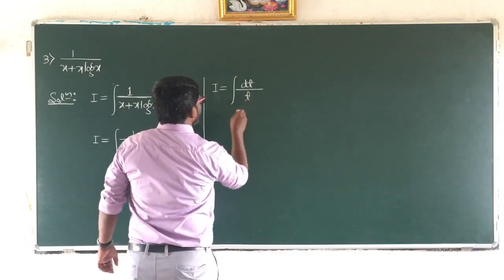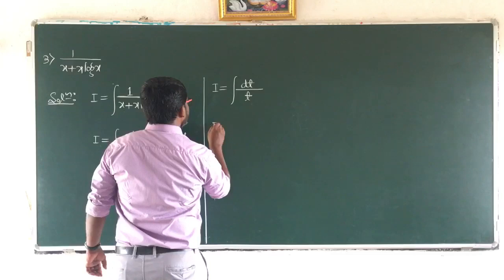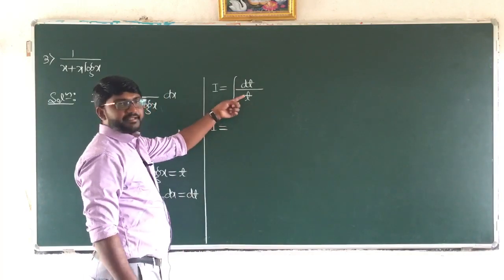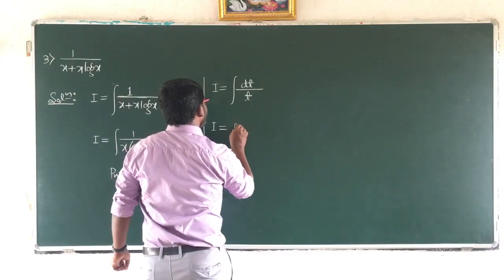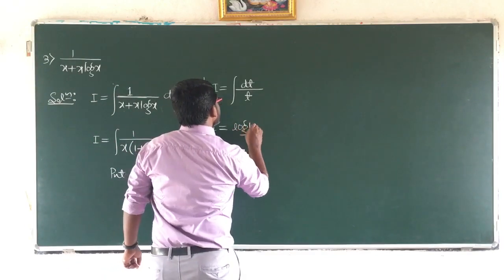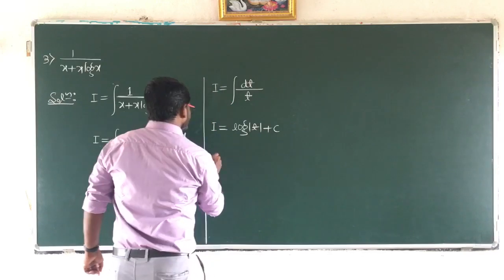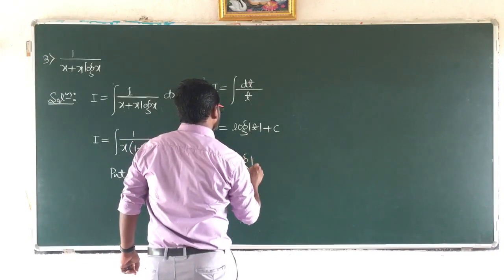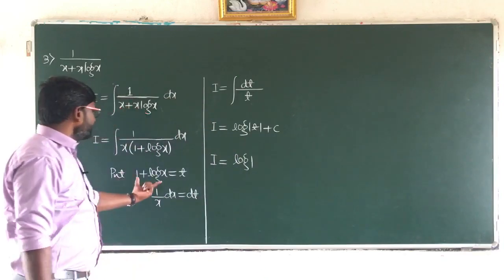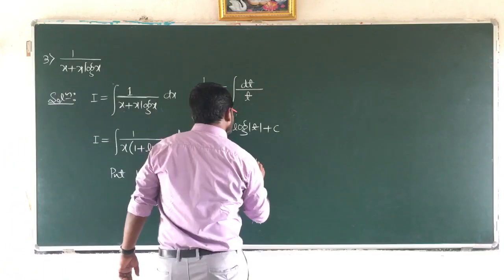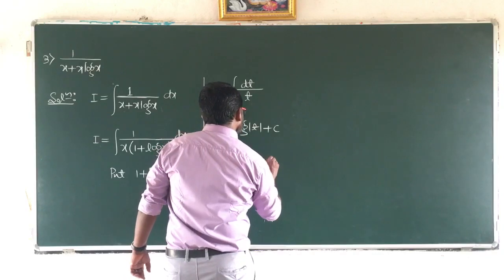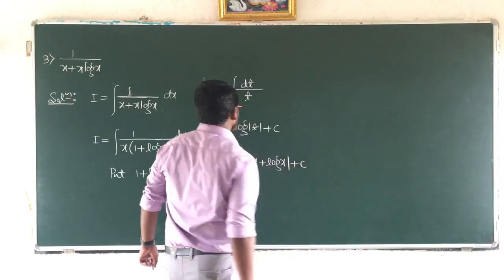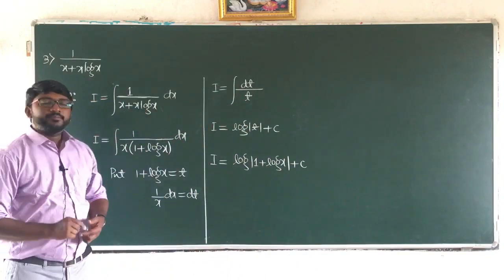So now I is equal to the integral of dt by t, which will be log mod t plus c. So I is equal to log mod, what is t here? T is 1 plus log x. So log mod 1 plus log x plus c. So this is all about the third problem.